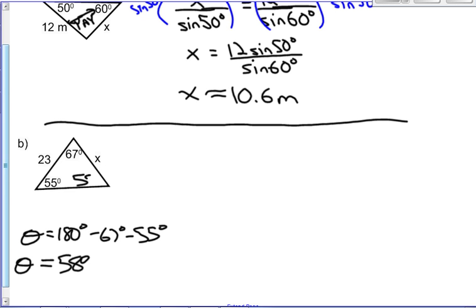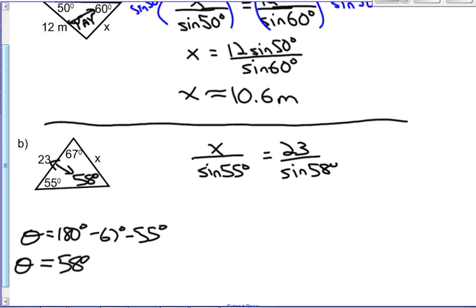So we don't despair, we just see, well, there must be something we can do. And at this point, yes, we know a pair. I set it up. The thing I want over the sine of its opposite angle, equals the side I know over the sine of its opposite angle.